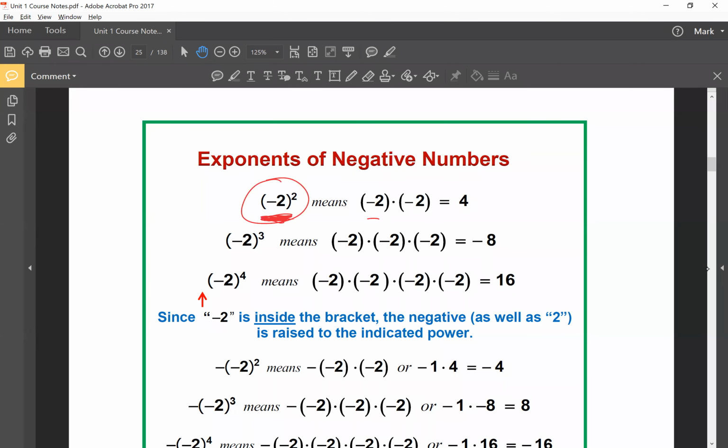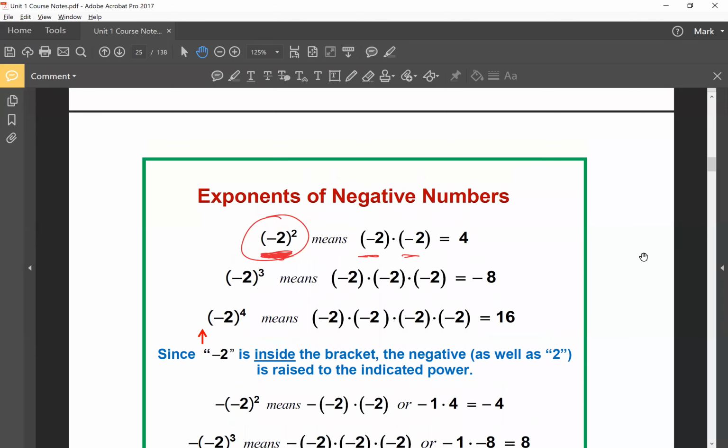That means I multiply -2 twice. Okay, so the difference, if you'll let me scroll up. I'm not used to working in my room, but -2 squared is equal to -2 times 2. Okay, -2 in brackets squared means I'm going to take -2 and multiply it by -2.